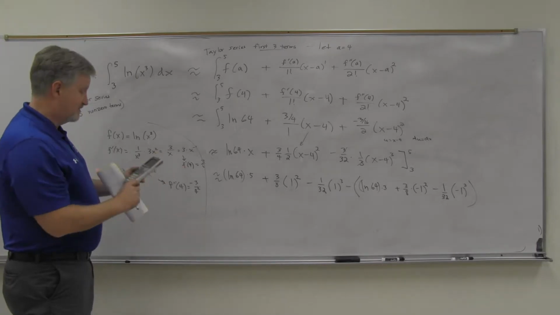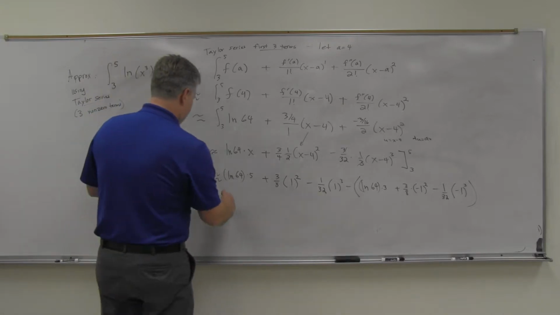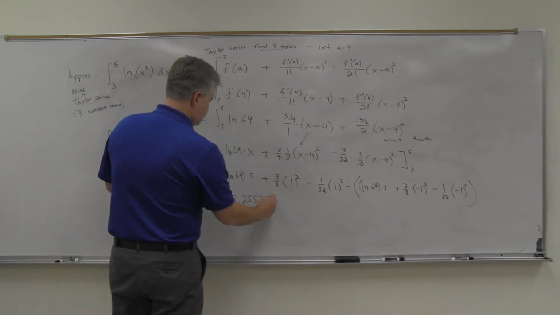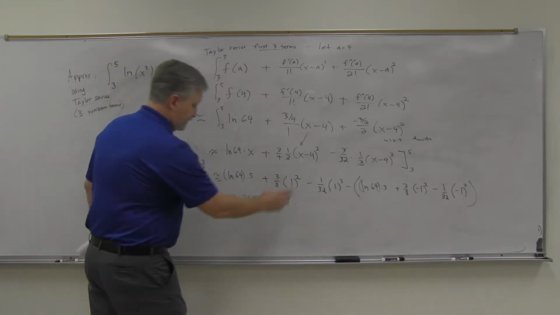As we distribute the minus, it'll be back to minus. Anyway, all right, 8.255266167, and I don't know what.